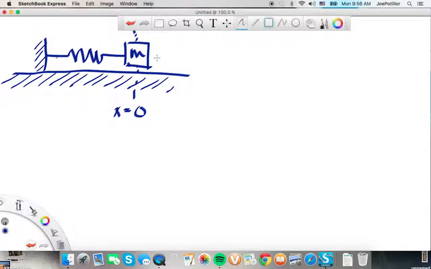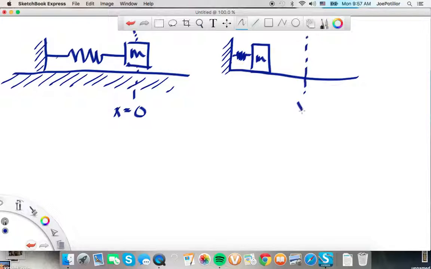Recall these situations from Hooke's law, which we studied earlier in the book, and we're coming back to it again. So let's say I have it compressed, like that. We'll call this position A, some distance from the origin point.